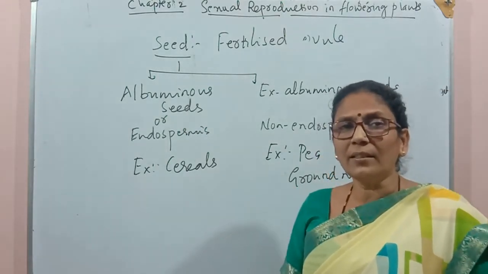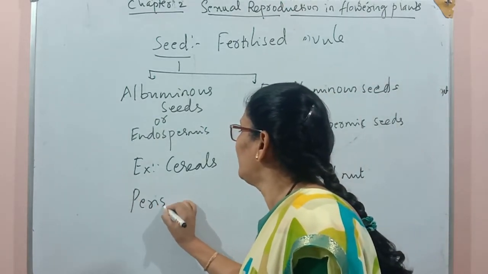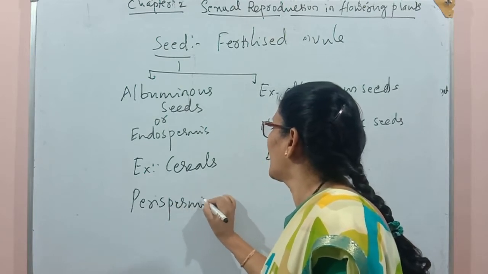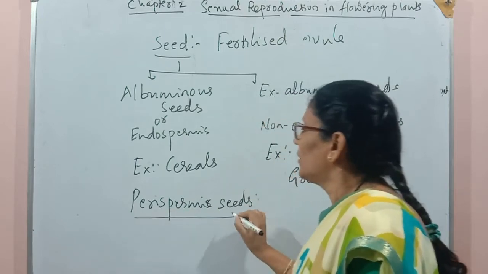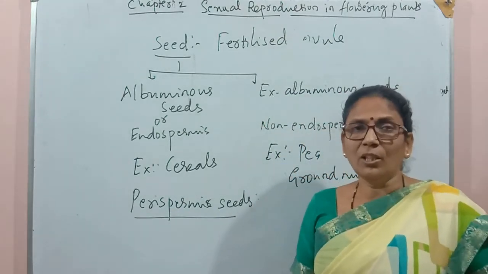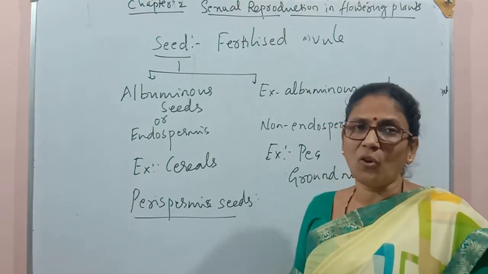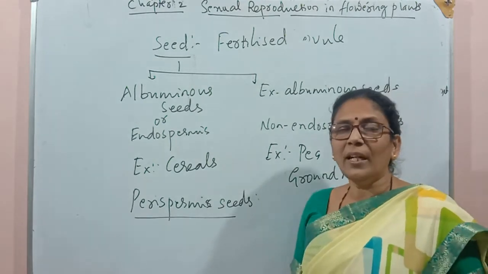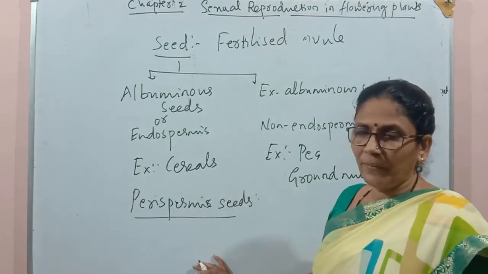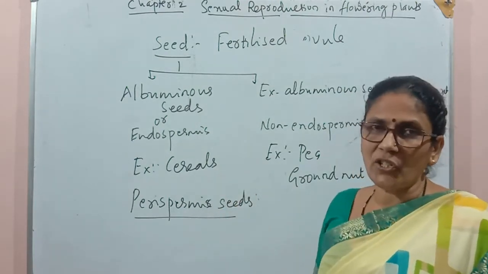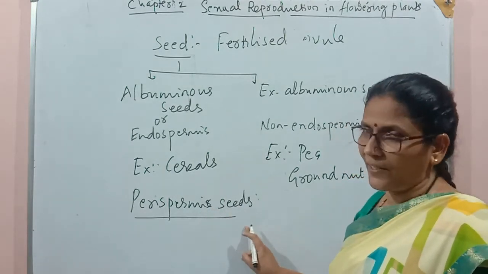There are some other kinds of seeds called perispermic seeds. In these seeds, the nucellus remains. The persistent nucellus is called the perisperm, and seeds which have such persistent nucellus are called perispermic seeds.